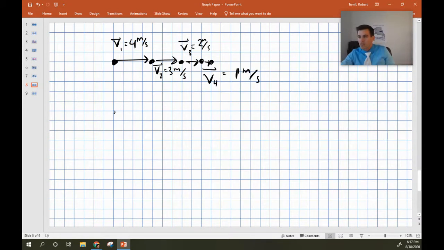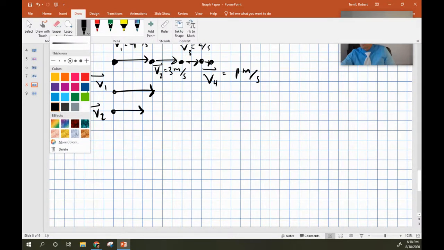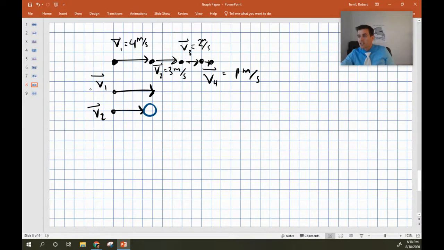So let's compare these velocity vectors. There's v1, there's v2. And you can see that between those two, just like we had earlier, there is a change. Something has to happen there to turn it into that.